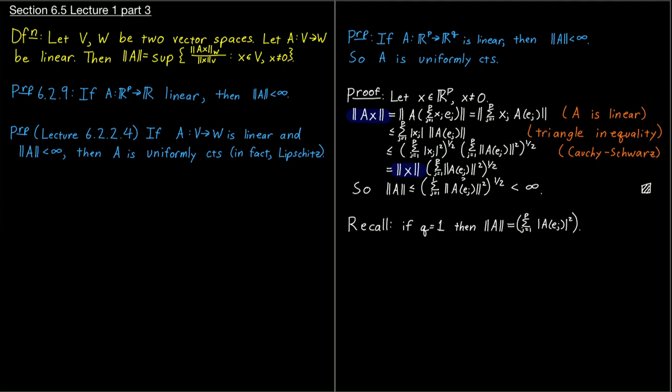This is often false if q is at least 2. In fact, the only way it can be true is if all the A(e_j)'s are parallel. That's not a fact we're going to make use of, so I don't want to go too much into that, but that is just a true statement.